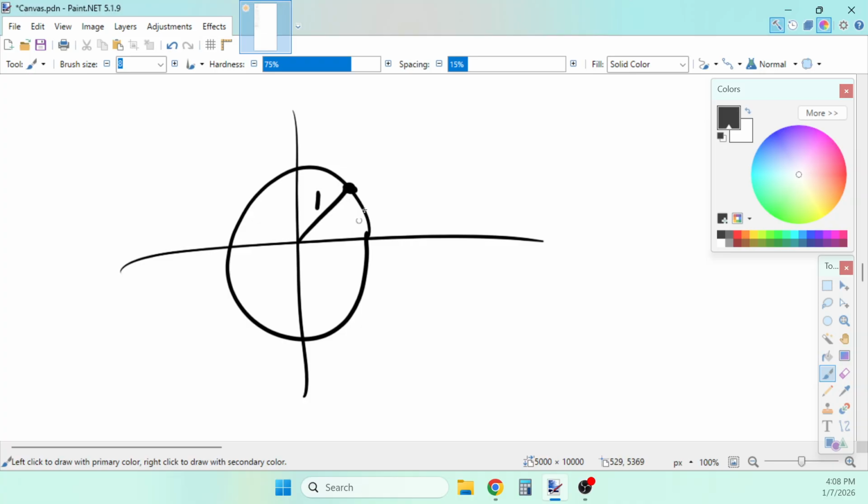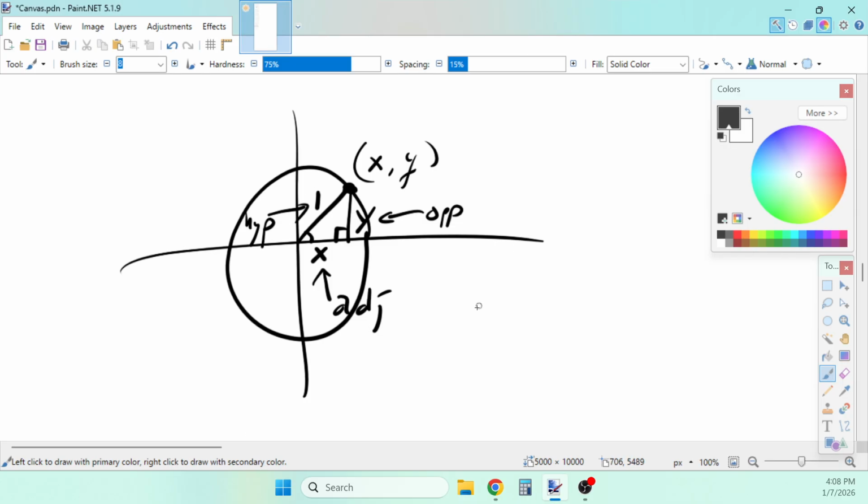This point has coordinates x, y. And what that means is that if I make a triangle by dropping a line straight down to the x-axis, this length is x, and this length is y. So this is the opposite of this angle. This is the adjacent of this angle, and this is the hypotenuse.